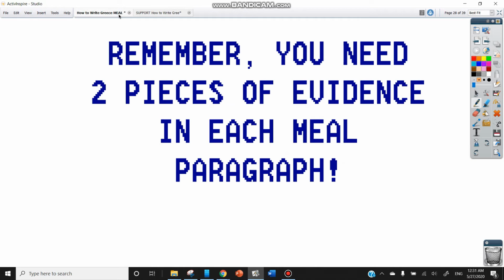And remember, you need 2 pieces of evidence in each meal paragraph. This is just good practice in general to provide more evidence to support your ideas, but it is also a requirement once you move on to 11th grade to have 2 pieces of evidence in your meal paragraphs. So this is good practice.